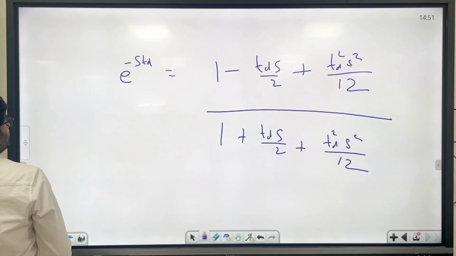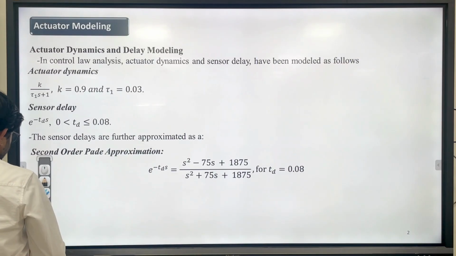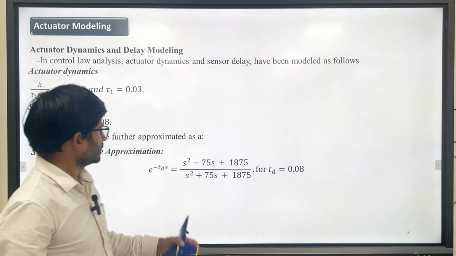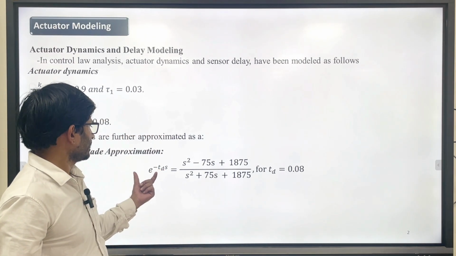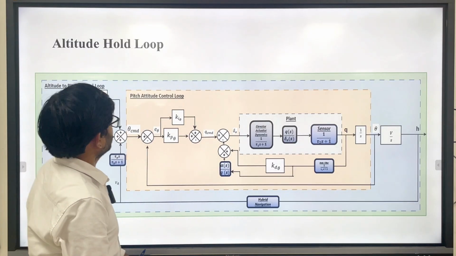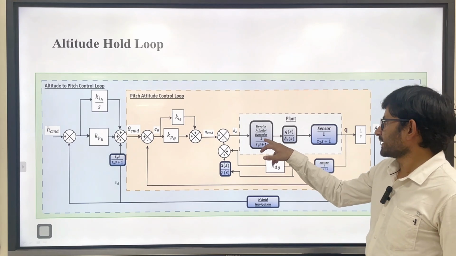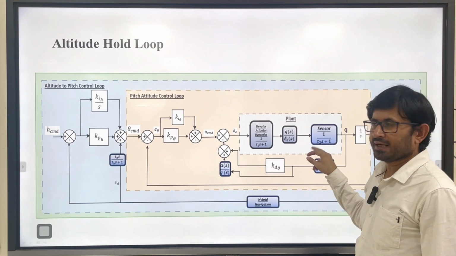If you put the Td value 0.08 in this expression, you will get this value. So now you have an approximated delay. Now we have modeled the actuator dynamics and the delay also.